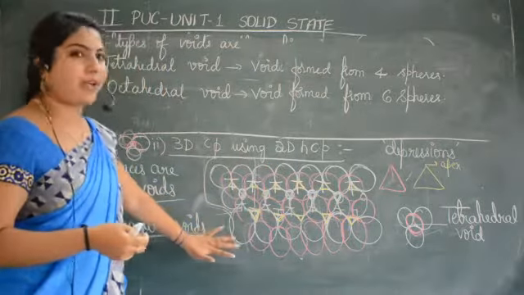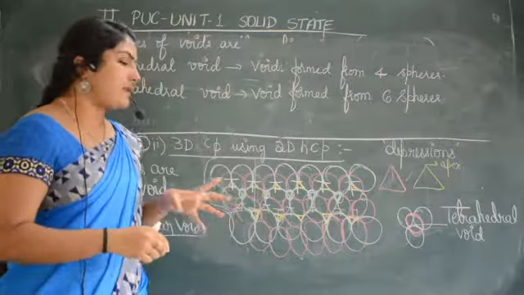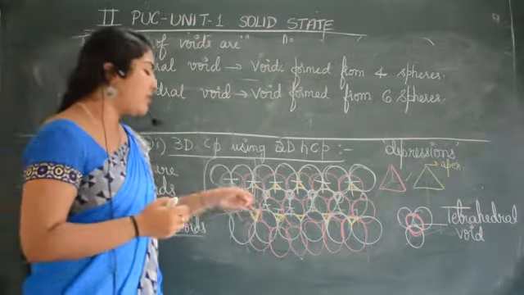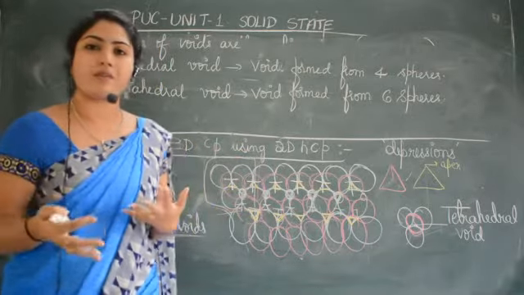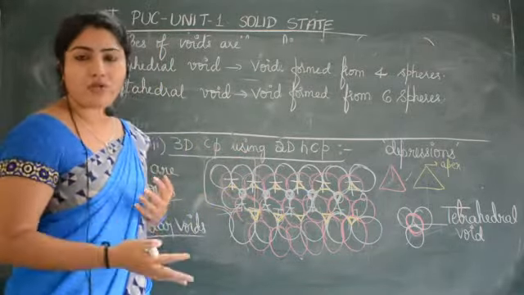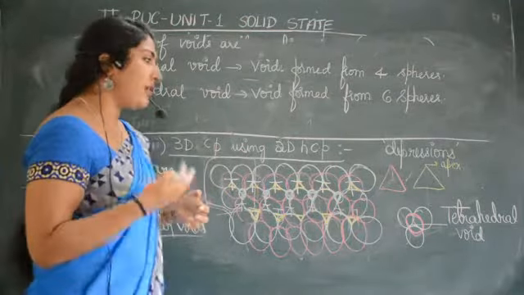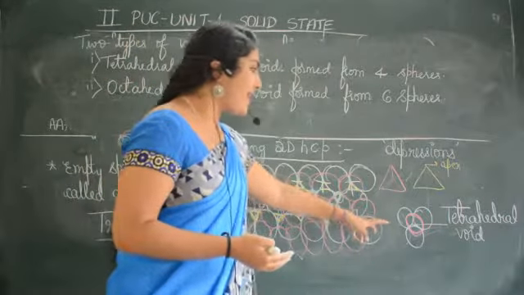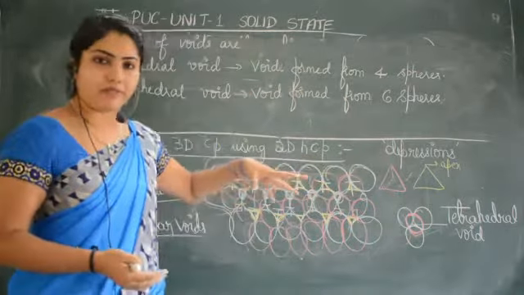I know this diagram seems to be complicated to you. Go through your textbook, where a simplified diagram is given. If you understand the concept here, when you look at the textbook you can really understand what I am explaining. If you have understood here, it's well and good. If not, please do follow it. It is called a tetrahedral void because the shape is similar to that of a tetrahedron.